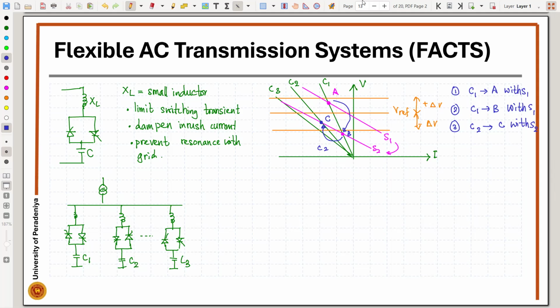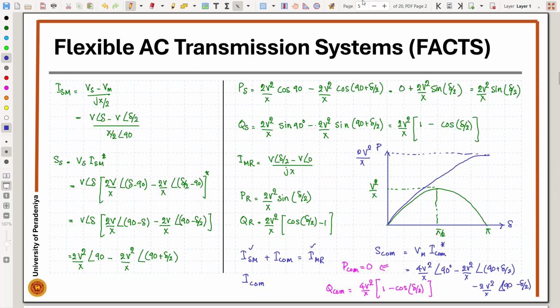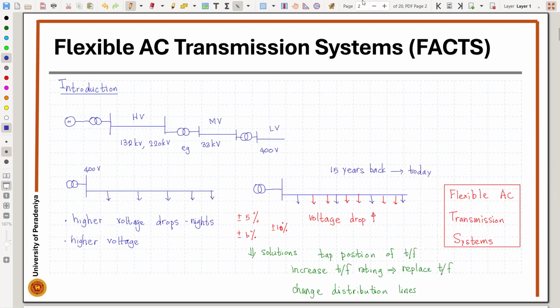So if we recap what we did today, we looked at what are the issues that we would see in a power system. Some problems occur during certain times of the day. Others will gradually come across over the years with the increase of the loads connected to a network.